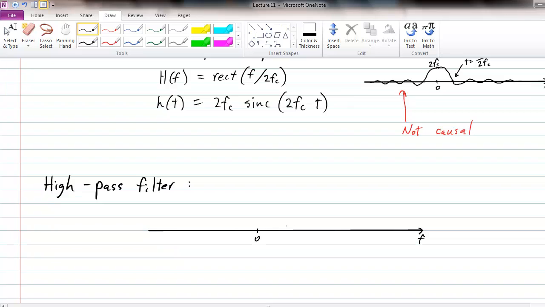Here, what we want is everything above a certain frequency, above a cutoff frequency, is passed. Okay. This is H of f for an ideal high-pass filter. How can we go about finding the impulse response of this thing?